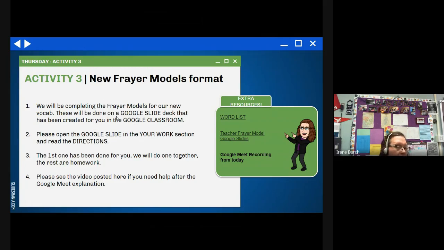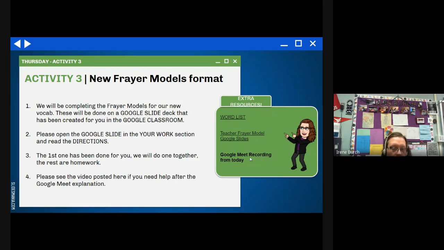I sent with you guys a paper version of the word list, but in case you lost it, I put a link here in the extra resources. Just like last time, I've shared with you my completed version that I present in class. So you can use that as a reference, or sometimes I put links to videos. So you'll be able to watch those again on your own if you want to.